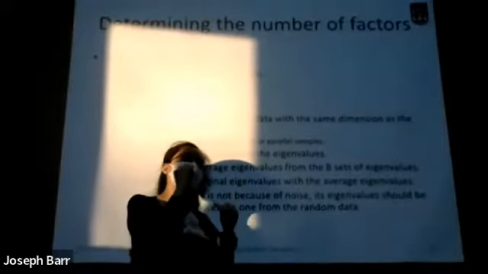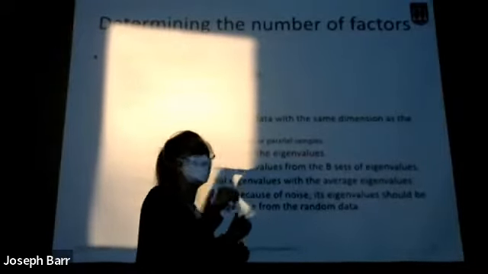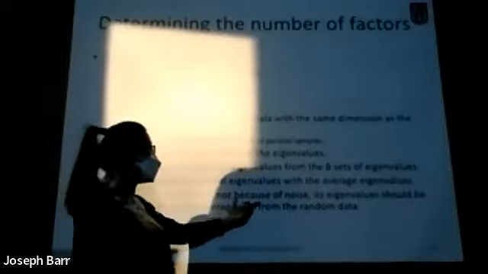If an eigenvalue is dramatically larger than the white noise, then that eigenvalue is special. That indicates some special factor influences it. For a factor that is not due to noise, its eigenvalue should be larger than the average one from the random data.